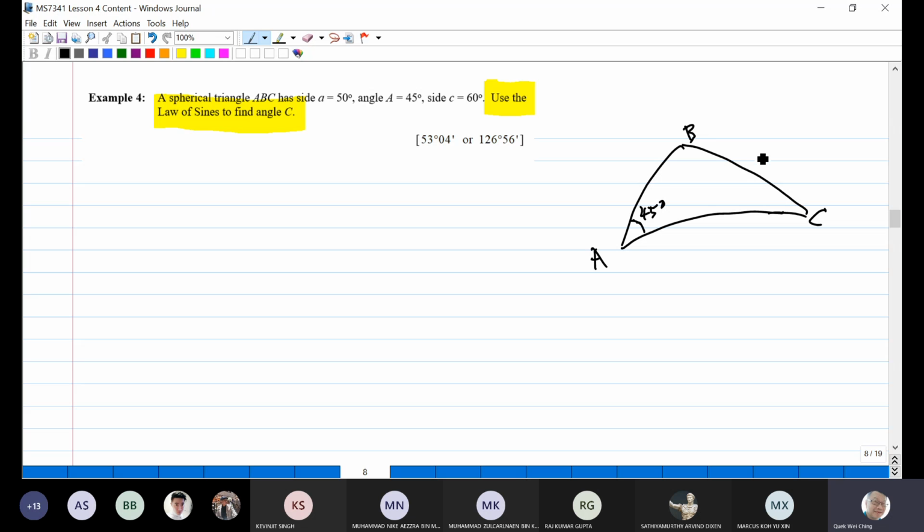Side A is 50 degrees. Side C is 60 degrees.